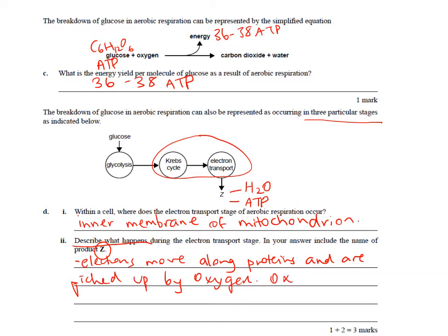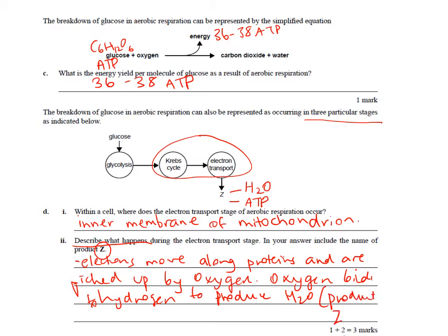Oxygen binds to hydrogen to produce H2O, and then you could say in brackets product Z.